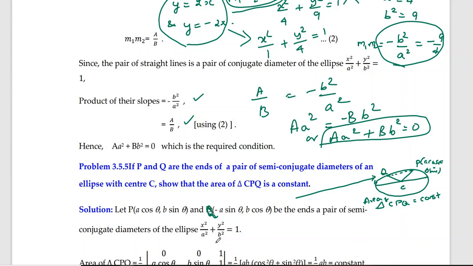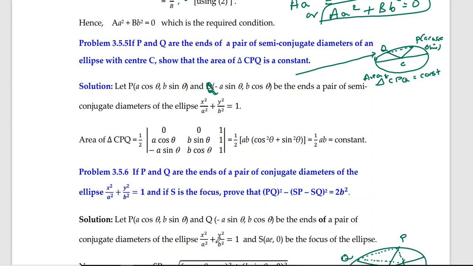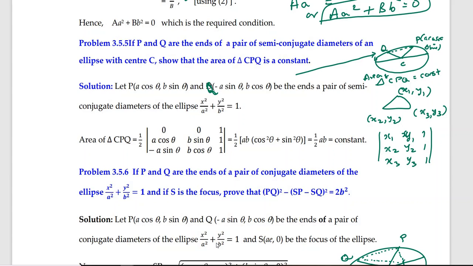Now we know that whenever we are given a triangle with vertices x1, y1, x2, y2, x3, y3, then we have the determinant with rows x1, y1, 1; x2, y2, 1; x3, y3, 1. Half of this determinant will be the area.